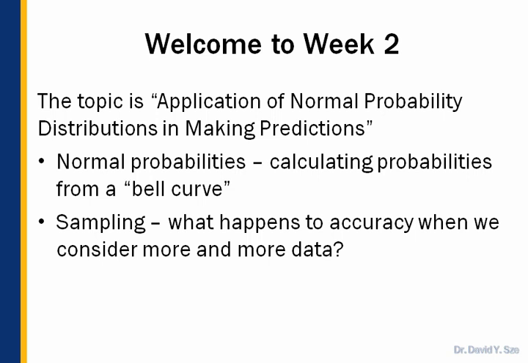We can divide that up into two pieces. The first part is to learn how to calculate normal probabilities. This is a straight calculation technique skill. The second part on sampling is the beginning of applying the normal probability distribution to statistical problems.